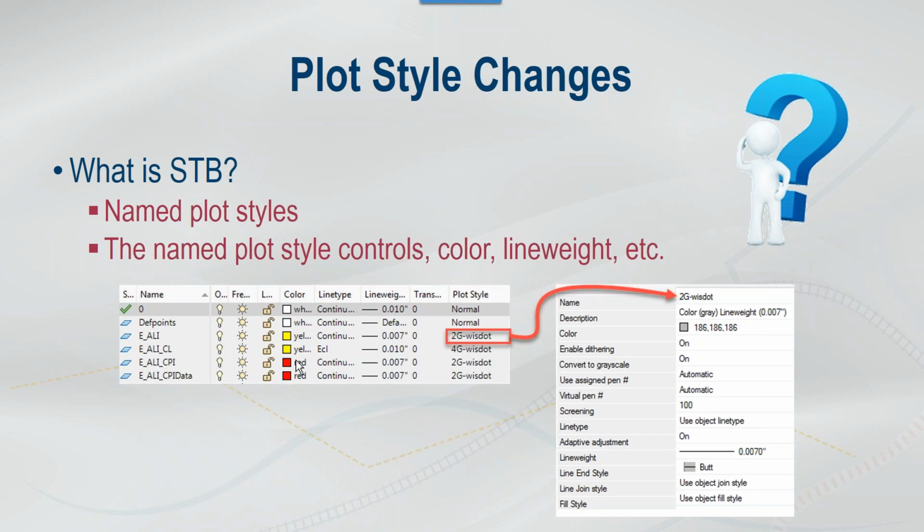For STB drawings, the plot style table requires the creation of plot styles that can be named anything you want. The layers can then be assigned a plot style from the table. The image on the slide is a sample from our Civil 3D 2016 template. You can see that the plot style name assigned to the layer references the plot style table.